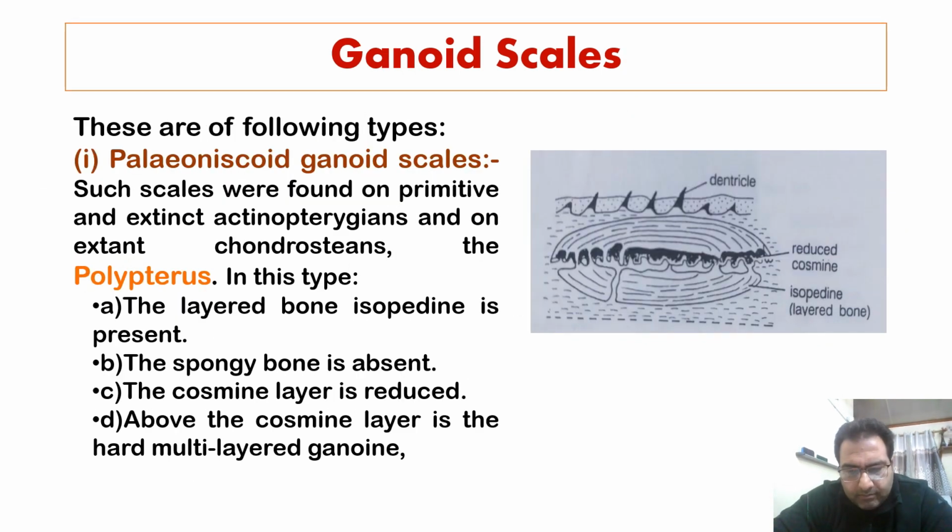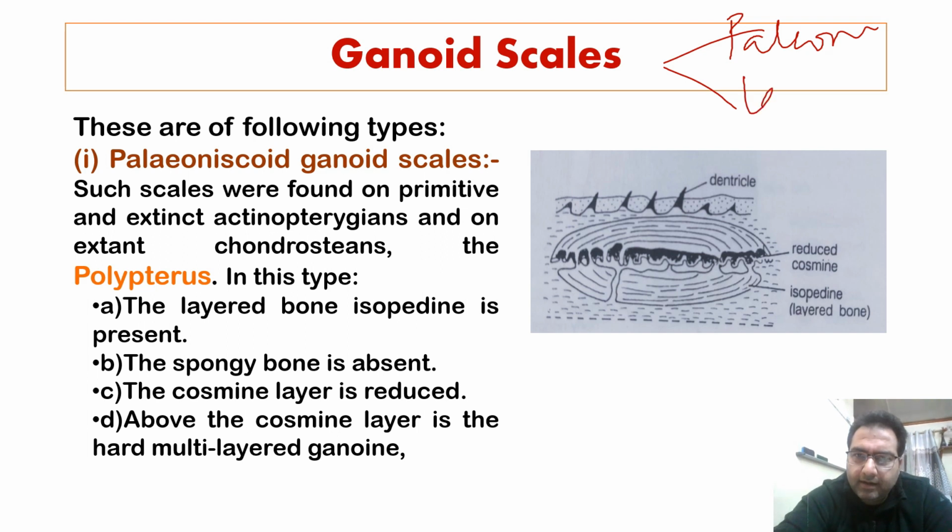The next kind of scales are the ganoid scales. These are further divided into the paleoniscoid and lepisosteoid.